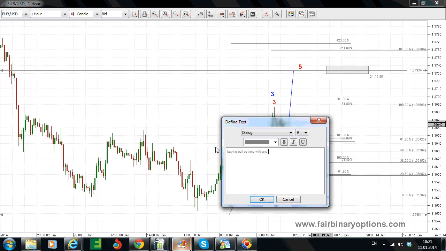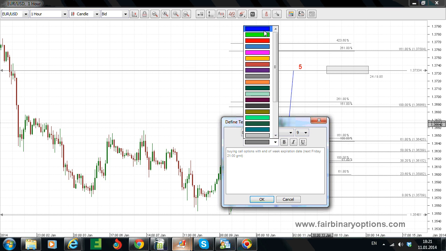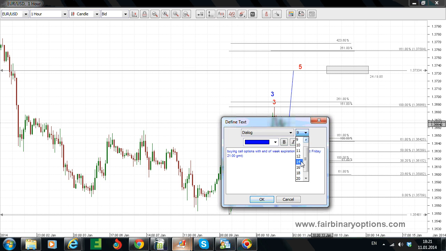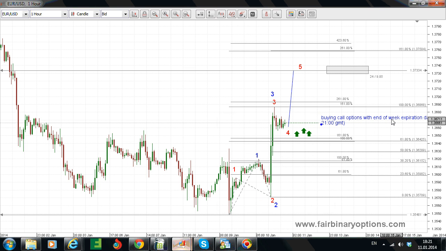But again, with end of week expiration date, so basically for next Friday at 21 GMT, as the market normally should not look back on such a move for some time to come. Now it remains to be seen.